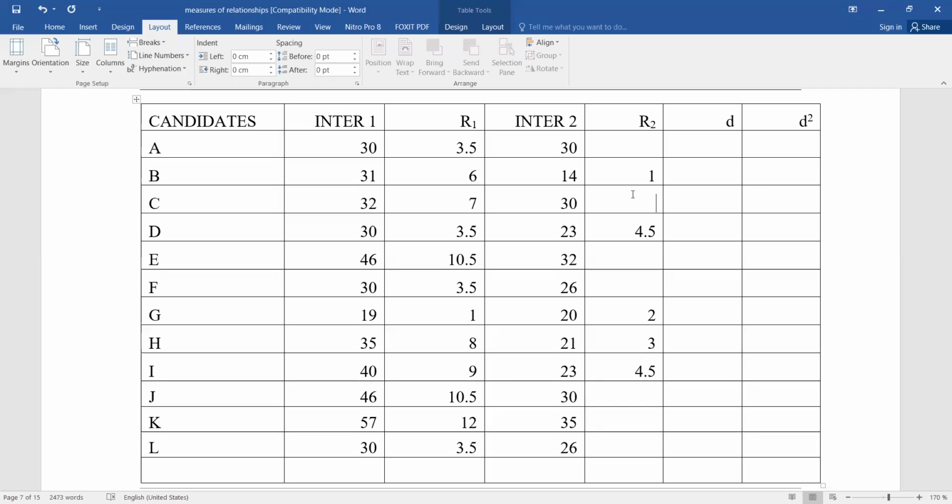Next is 26. 26. There are 2. So you put 6 and 6. Next.